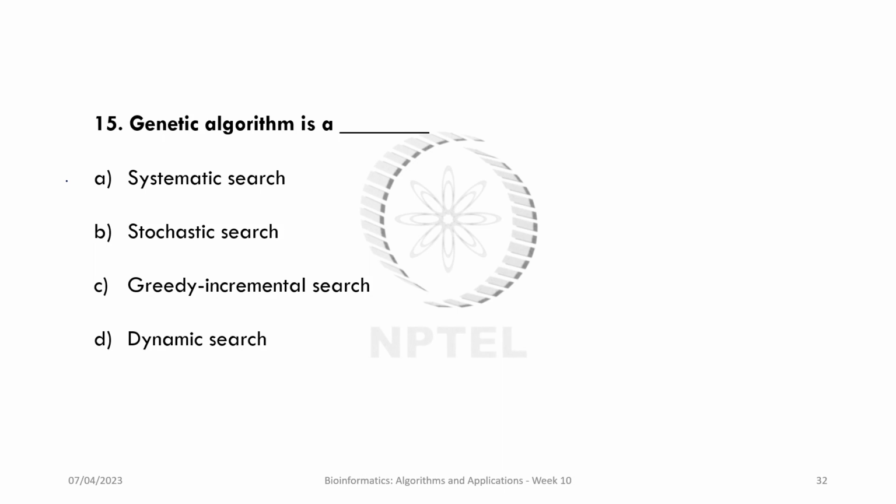Amongst the kinds of search in flexible docking, stochastic search was described in detail, which included simulated annealing, genetic algorithm, amongst others, such as tabu search, hybrid global local search, and Lamarckian genetic algorithm. So the answer for this question, genetic algorithm, is a stochastic search and not A, C, or D.